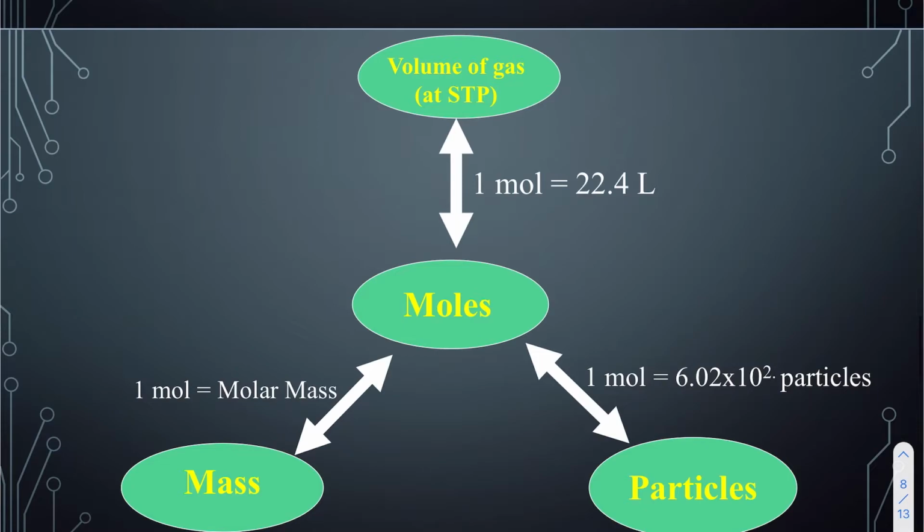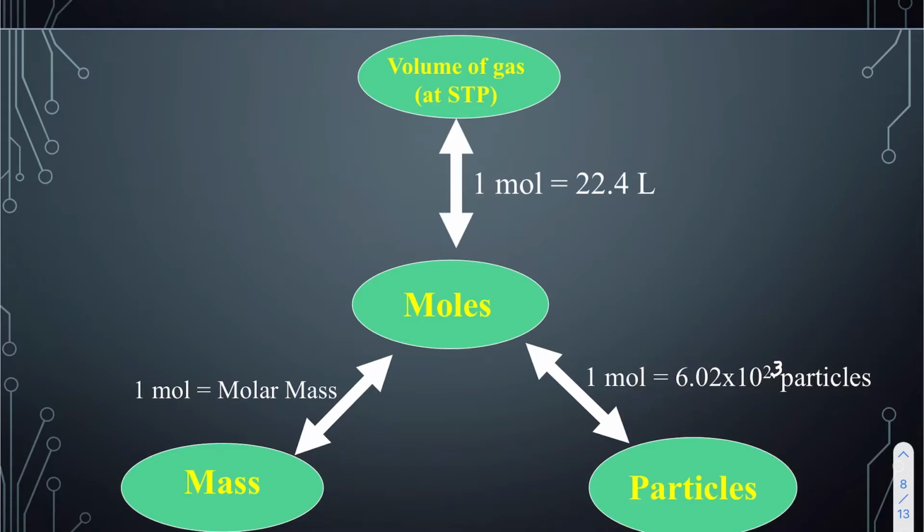So here it is, all summarized into one nice and neat table. And you will see all roads lead through the mole. 1 mole equals 22.4 liters of any gas at STP, or standard temperature and pressure. 1 mole equals 6.02 times 10 to the 23rd particles.